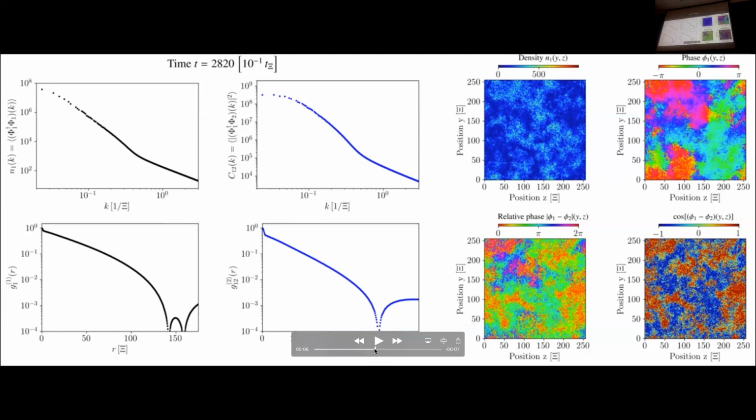Okay, yeah. All these functions are small but not negligible at the ultraviolet cutoff.